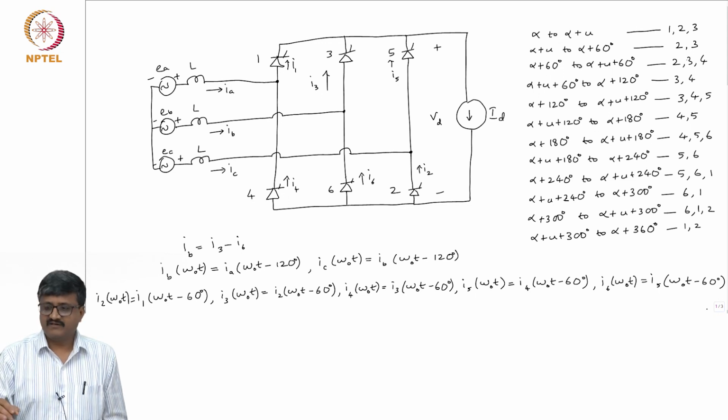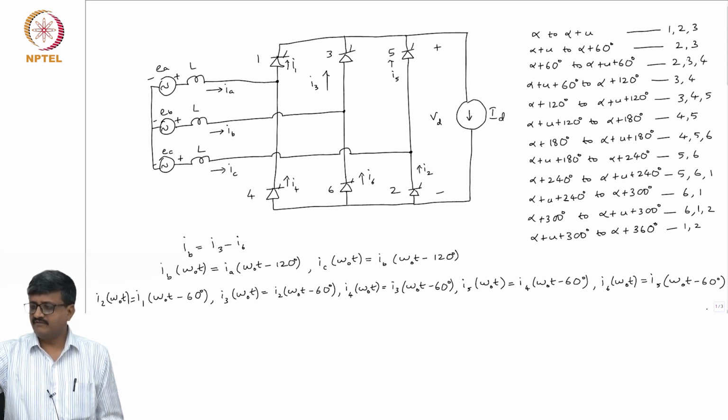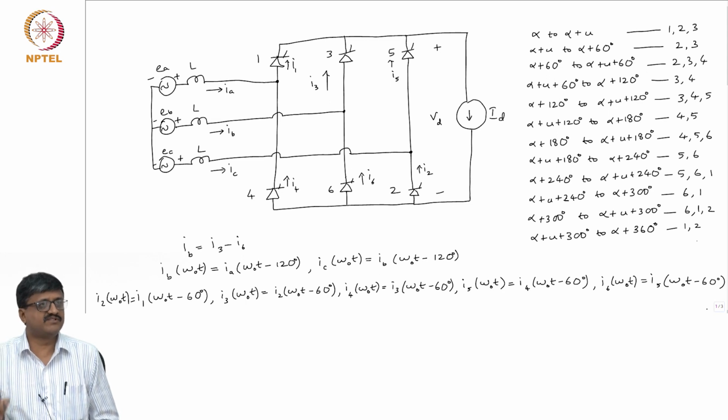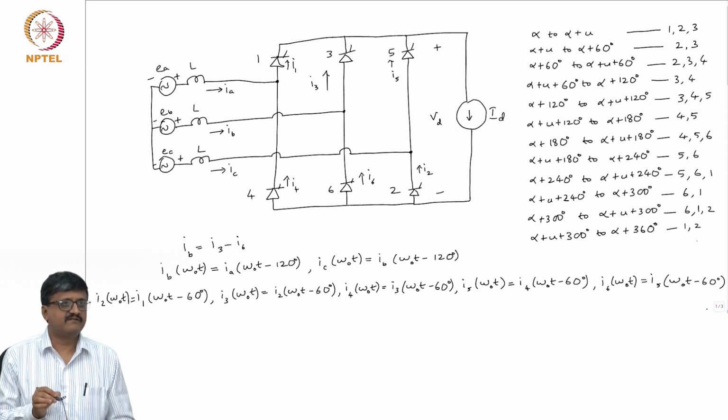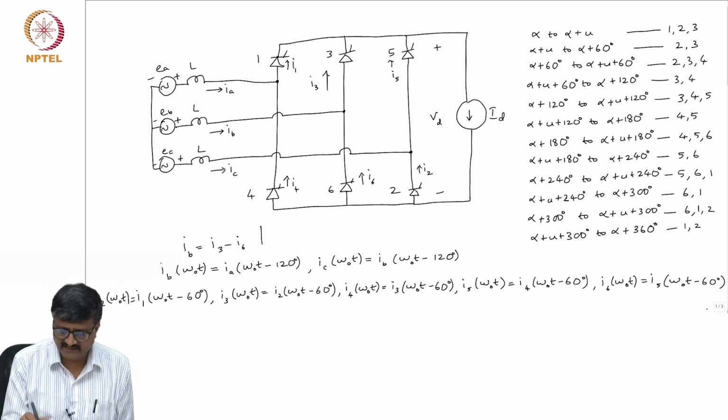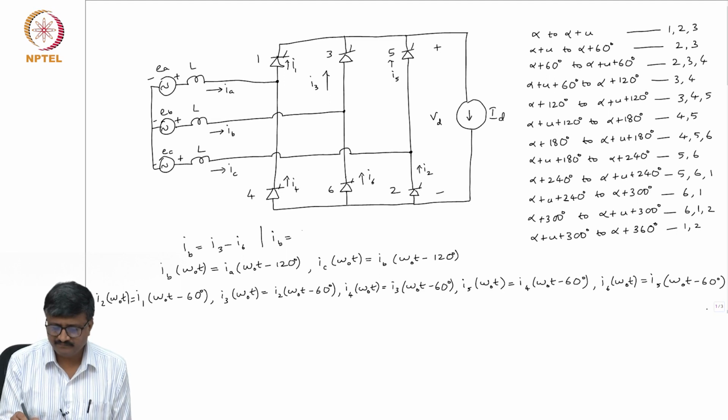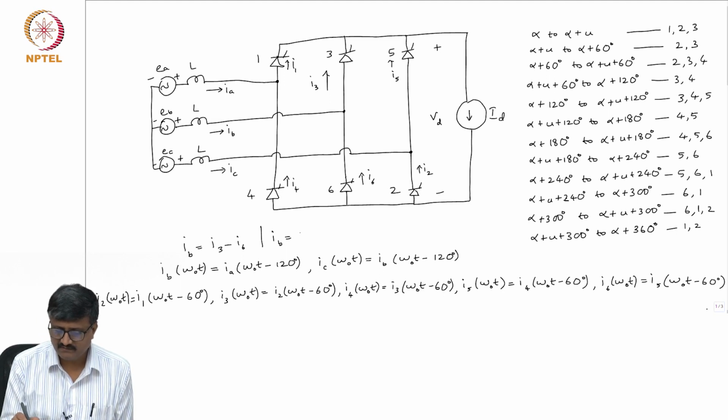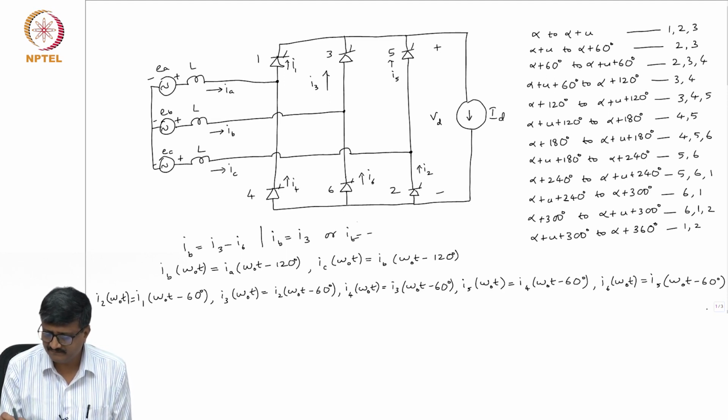Please note, if you look at these 12 subintervals, is there any subinterval where both 3 and 6 conduct? There is no subinterval where both 3 and 6 conduct. So, IB is either equal to I3 or equal to minus I6.